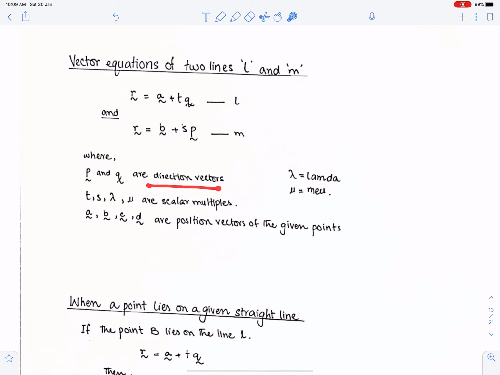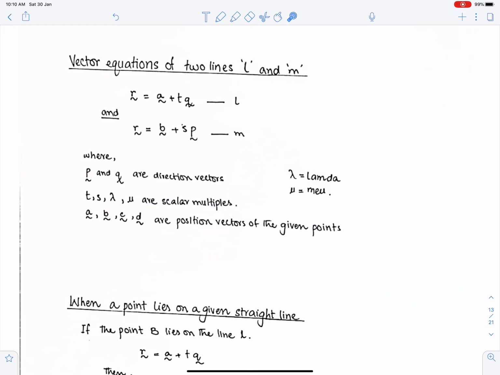So for direction vectors, we have just two letters, P and Q. For scalar multiples, we have two letters, T and S, and two symbols, lambda and mu. Here we have T and S; we could have lambda here and mu here. So for scalar multiples, only four things are available, two letters and two symbols.